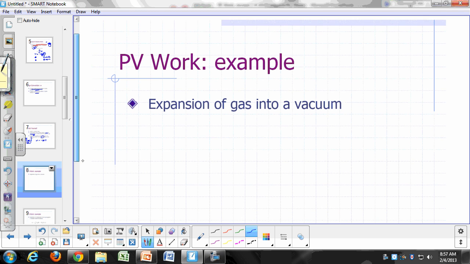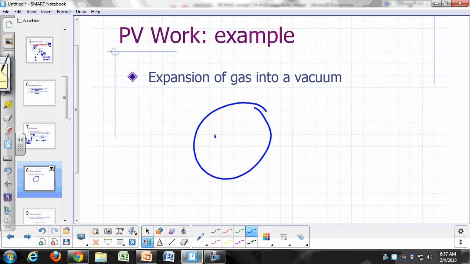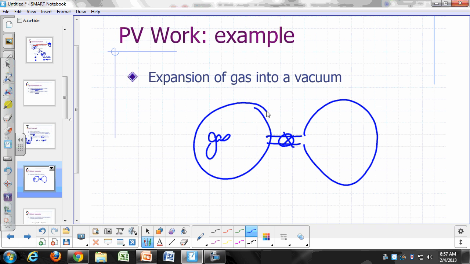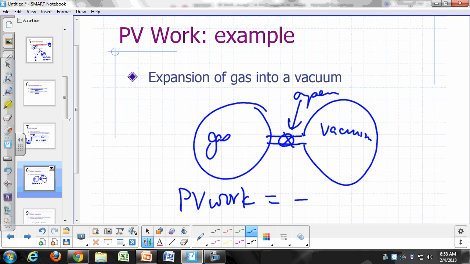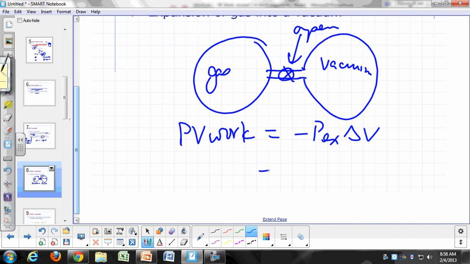What about a gas expanding into a vacuum? Let's say you have a gas sample in this bulb right here. You hook it up to another bulb, and your other bulb has a vacuum, nothing in it. What's the pressure-volume work for this? So you open this, what will happen? PV work is going to be negative P external delta V. It's going to be expanding, right?